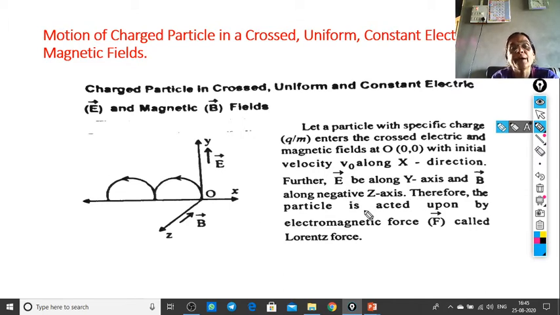Therefore, the particle is acted upon by the electromagnetic force F bar, which is called the Lorentz force. In a constant electric field the force was electrostatic, in a magnetic field it was the magnetostatic force, and here it is the Lorentz force because they are combined.